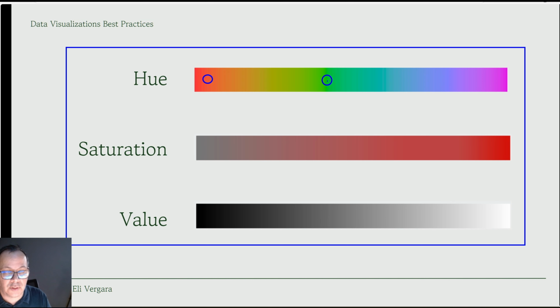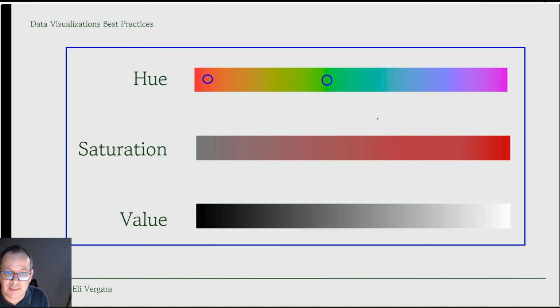So hue refers to the point that's specific to the visible spectrum of light. Now remember, light ranges from infrared to ultraviolet, and what our eyes can see is somewhere in between those two ends. And so the hue of colors that we see is the points that we can pick within that range.